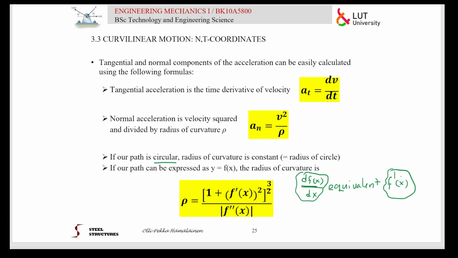This is also the derivative of the function f with respect to the variable inscribed here in parentheses, which is x. And this term here is the second derivative of that function. So they are different ways of writing the same thing. Writing it with the apostrophe makes it a more compact notation, but it means the same.